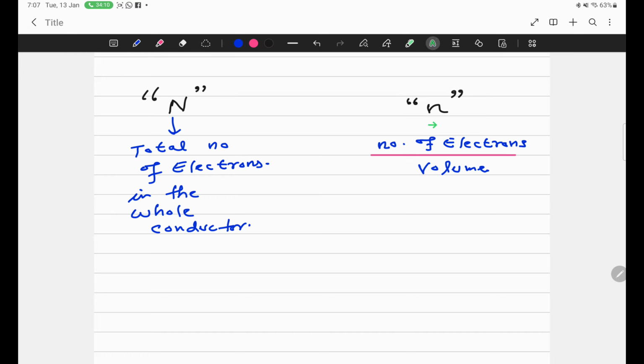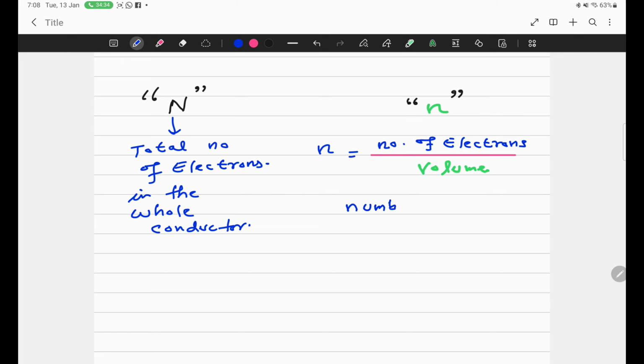So this small n is also density. Why? Because it is dividing volume. So small n is number of electron per unit volume. So we can say that it is density. And what density? It is not mass density. So it is called number density. So the proper name of small n is, note down this name. This is in your course.